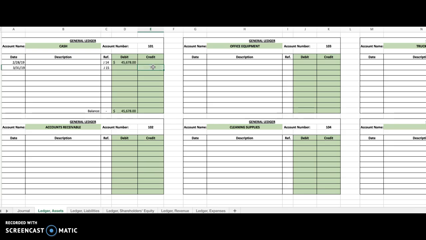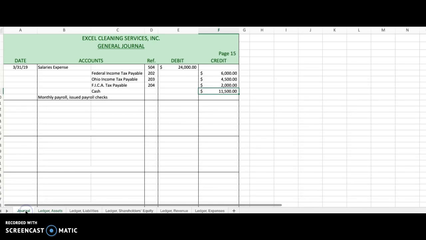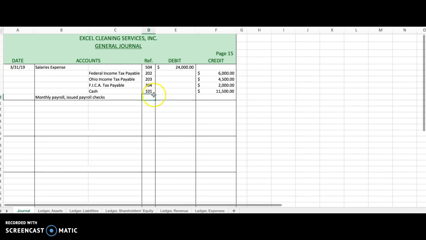Before we put that money in, we had a balance of $45,678, and a credit reduces cash, and that's a balance now of $34,178 is what we have remaining. And the account number, back into the journal. So posting is as simple as it was in the previous topic.